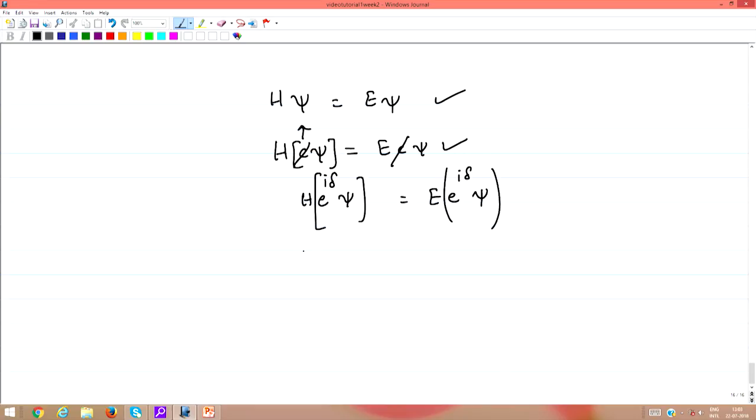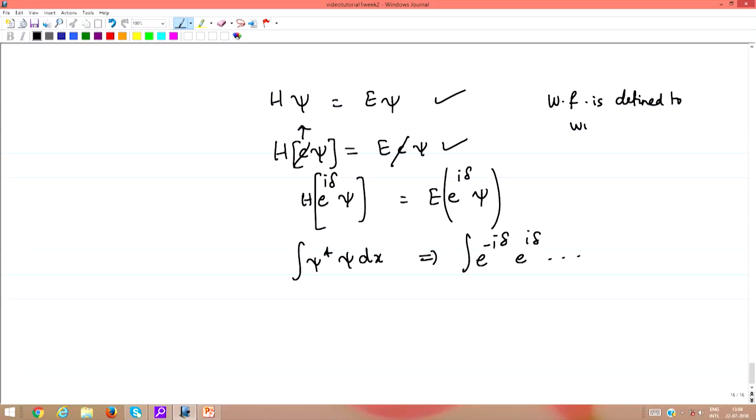This is no different, because when you write the psi star psi dx for normalization, the complex number will go away, e to the minus I delta, e to the I delta times all the other things. Okay. Therefore, the wave function is defined to within an arbitrary constant to be the same, and the wave function is also defined with respect to an arbitrary phase.